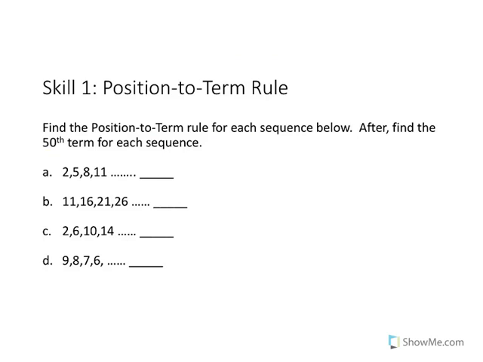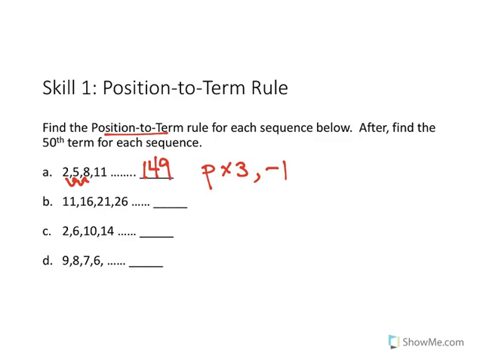Okay, so for A, since I know it's going up by 3s each time, I have to take my position, multiply it by 3, and then figure out, 1 times 3 is 3. How do I get to 2? Oh, I have to subtract 1 each time. So if I know that that is my position to term rule, my 50th one will be 50 times 3, 150, take away 1 is 149.